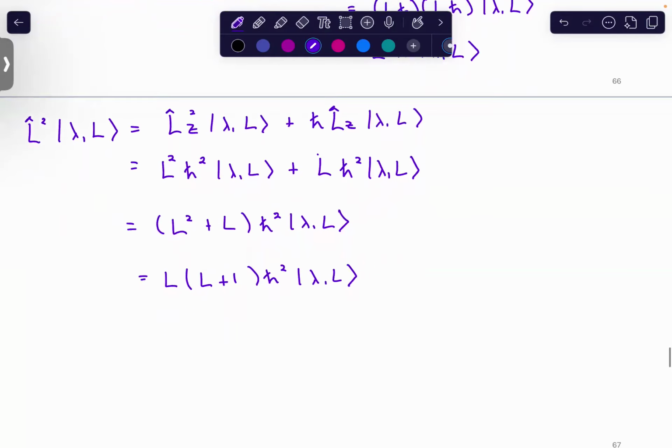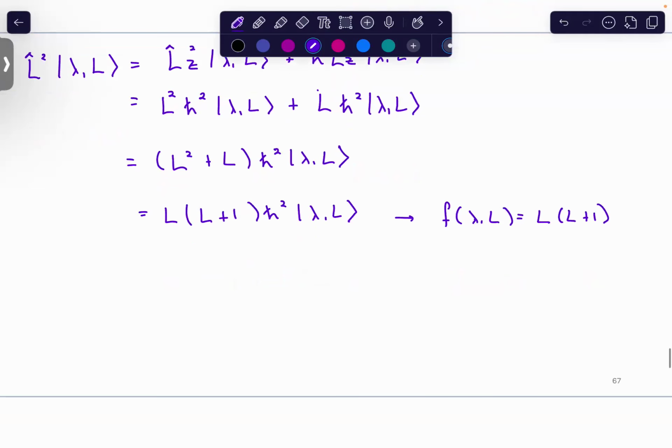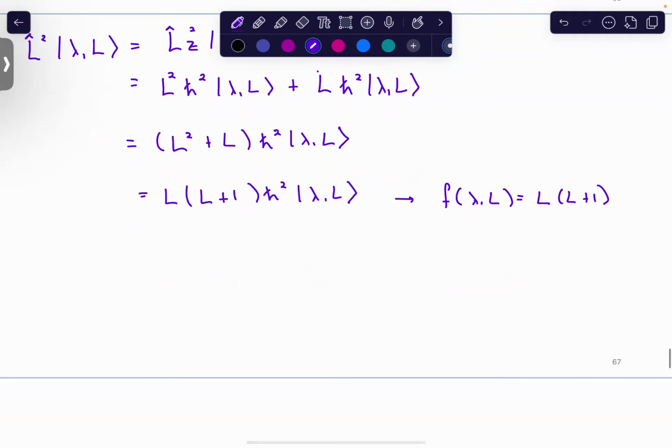And so this tells us that that function we were looking for, so now we can pull this out and say that our angular momentum.